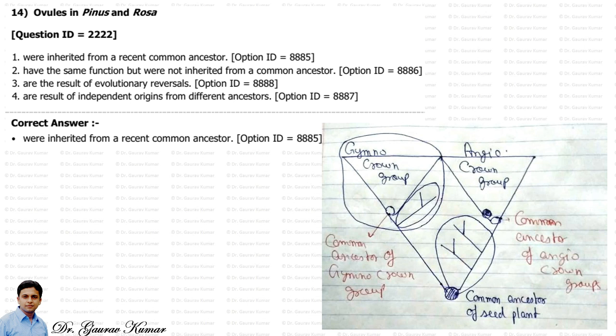So this figure says that the gymnosperm group and the angiosperm group have evolved from the common ancestor of the seed plants. So this ovule and other characteristics are also inherited from the same common ancestor.